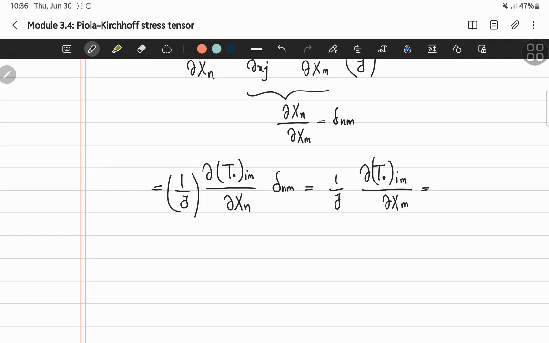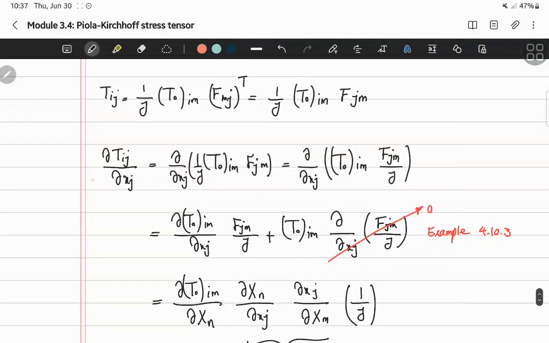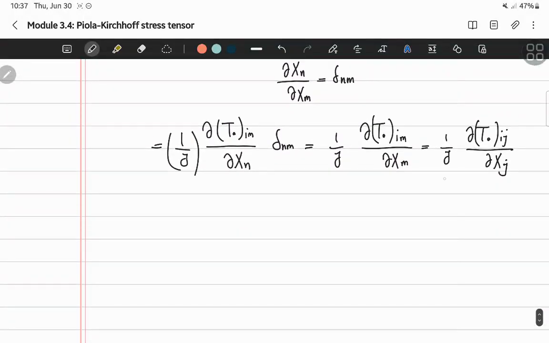Or I can just replace this m with j. So 1 divided by j, partial derivative of T0 ij with respect to capital Xj. So basically, you see that this term in the Cauchy stress tensor became this term.